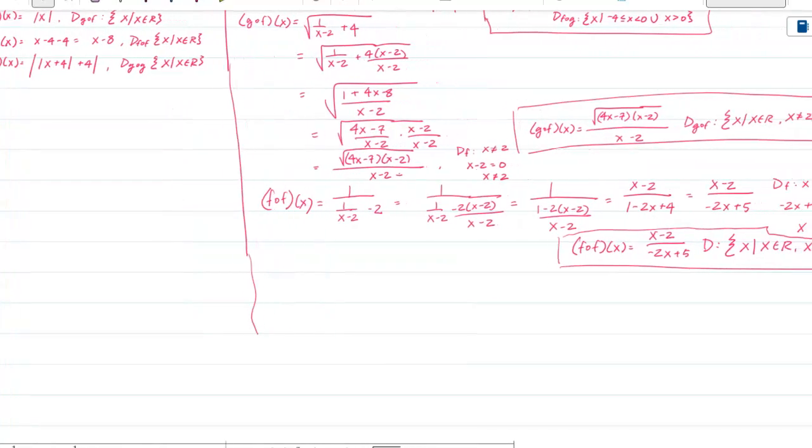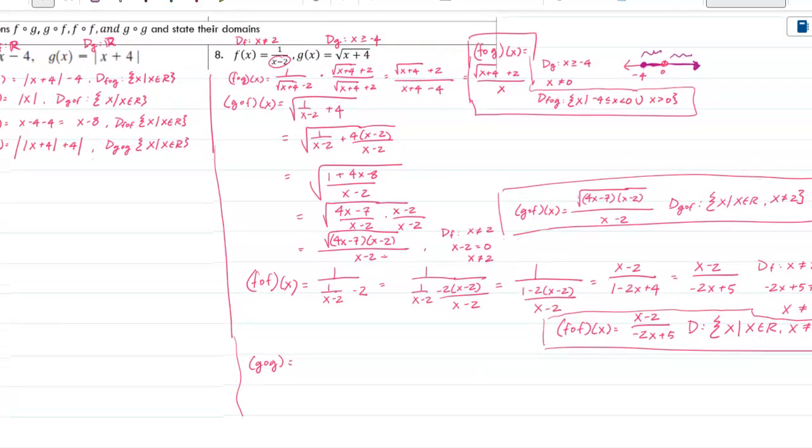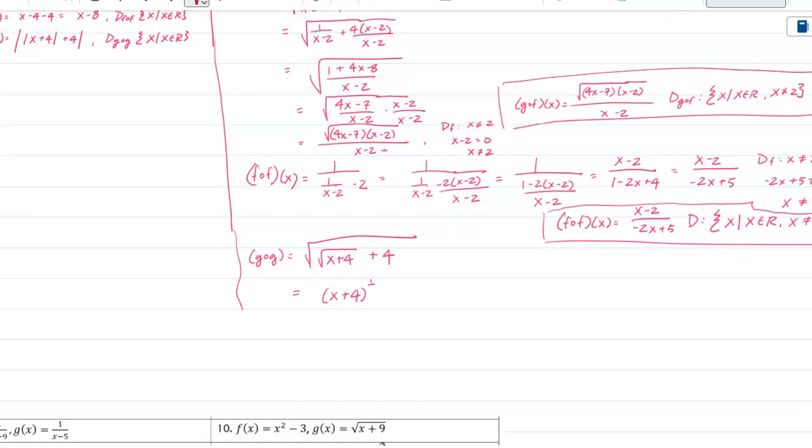The last one, g of g. So g, open that up, and then now we have the square root of x plus 4, plus 4. You can write it this way, or you could say that it is x plus 4 raised to the 1/2 power, and then you add 4 to it, and then you raise the entire thing to 1/2.